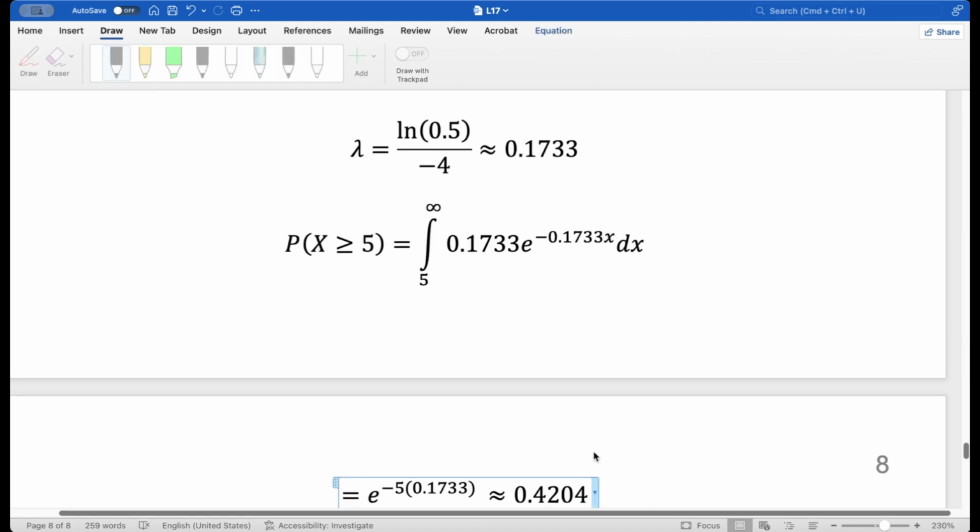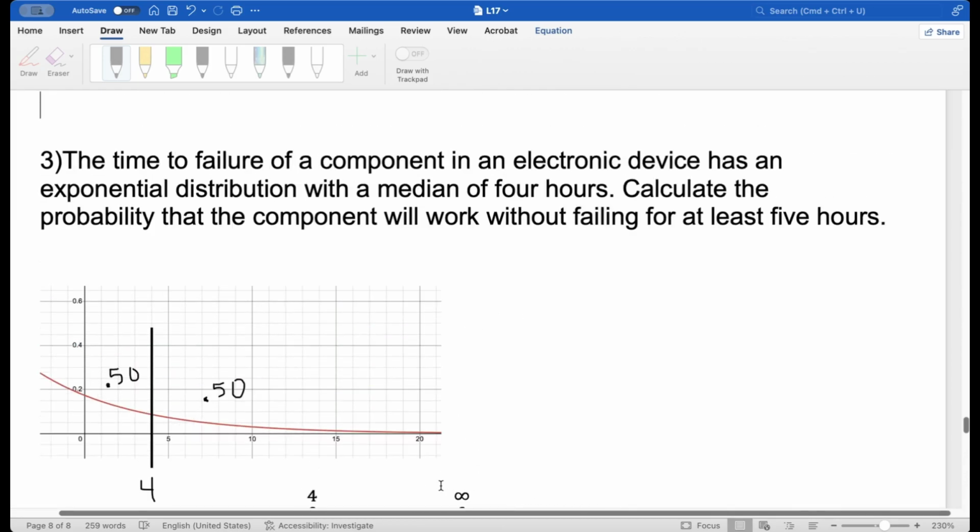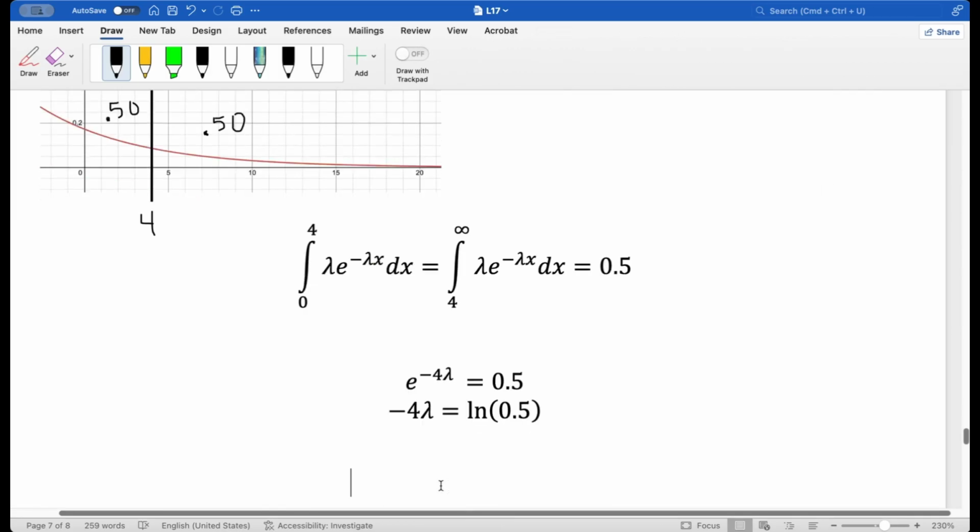And then again, we can use the shortcut. It's e to the minus lambda times that constant. So the exponent is -5 times 0.1733. So e to that power is about 0.4204. So it's about a 42% chance of lasting for at least 5 hours.